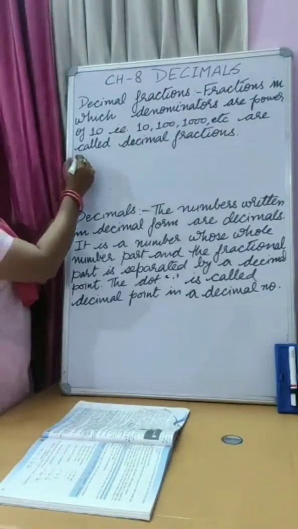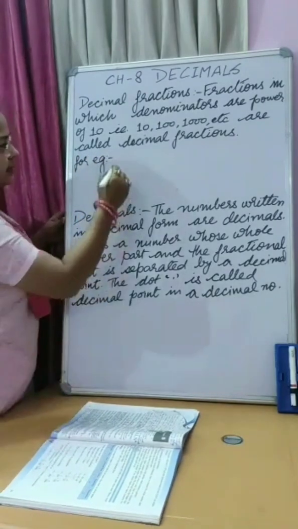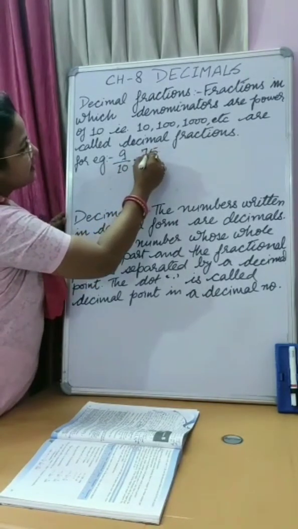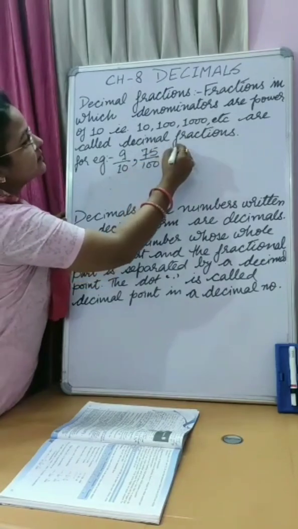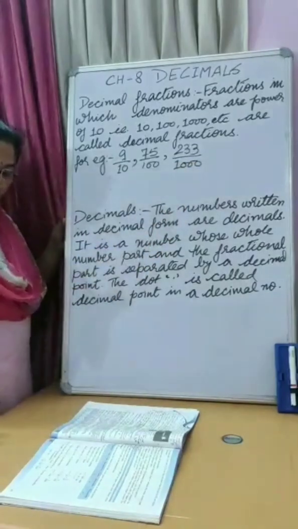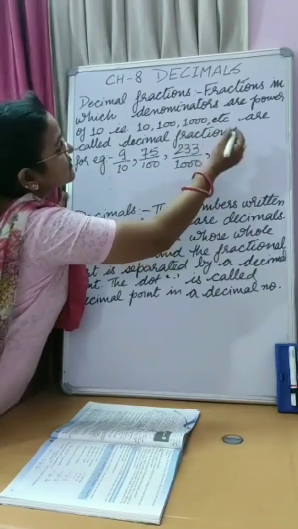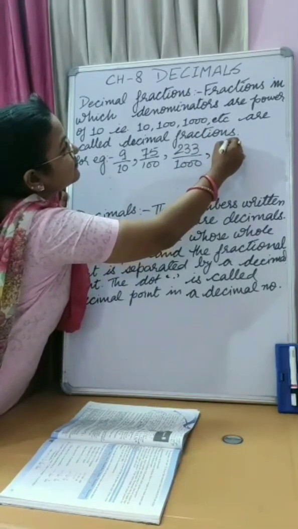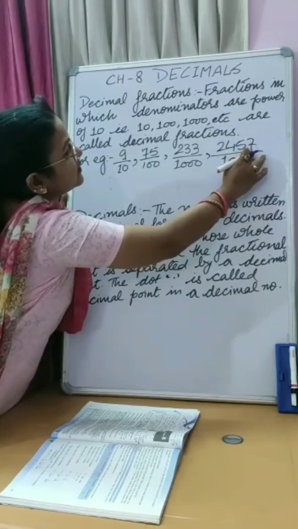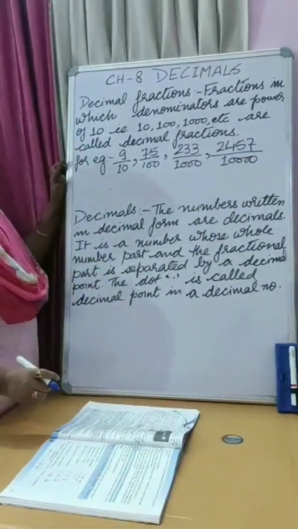For example, take numbers like 9 by 10, 75 by 100, 233 by 1000, and so on. All these are decimal fractions. They get converted into decimal numbers.